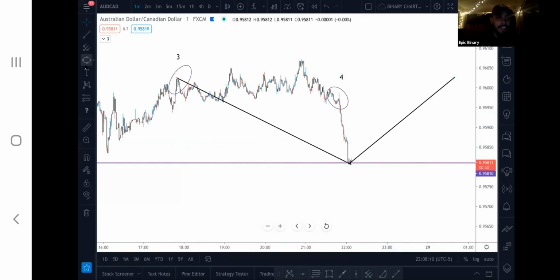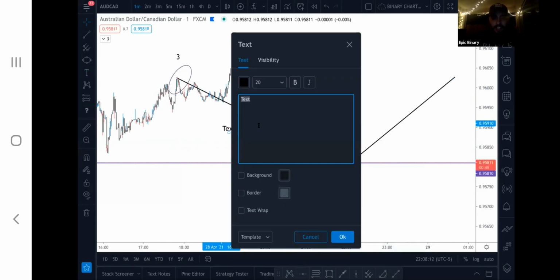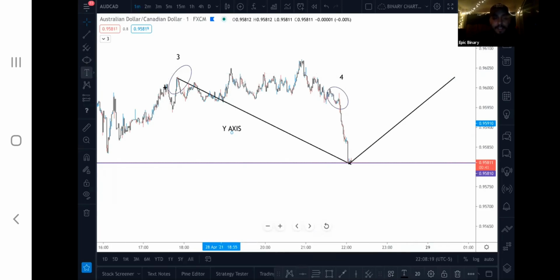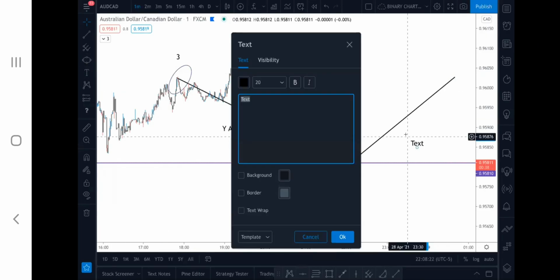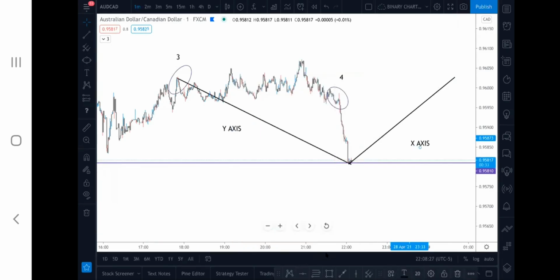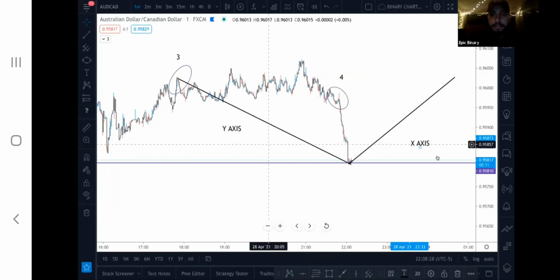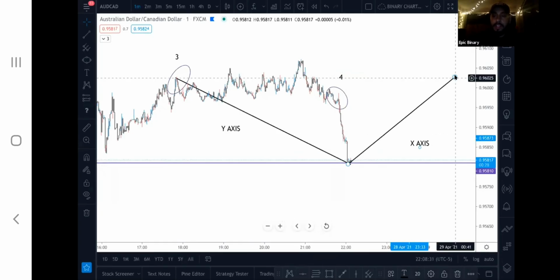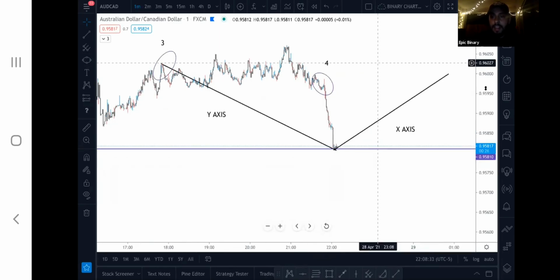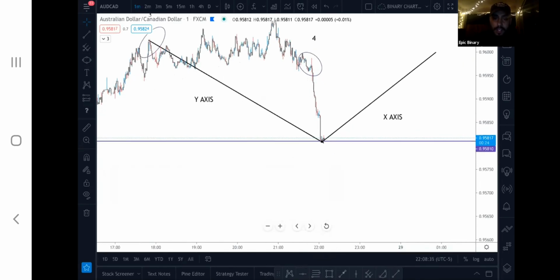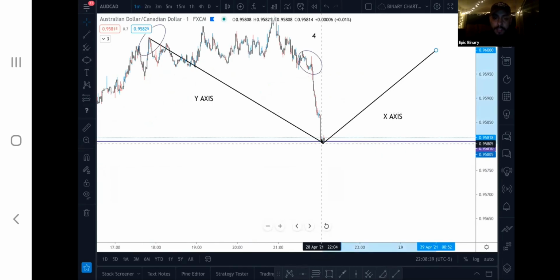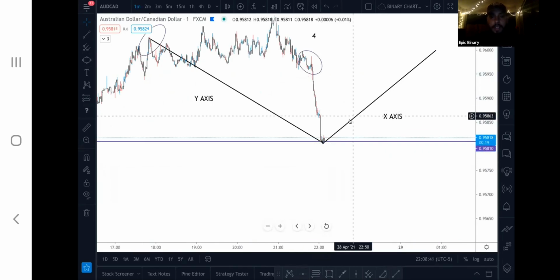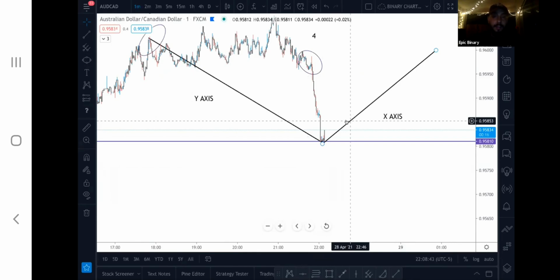Look at this as our y-axis. Let's take it back to high school. And look at this as our x-axis. We're trying to create a grid so we can have intersecting candles, so we can create a zone for our diamonds, essentially a proper grid or proper structure.